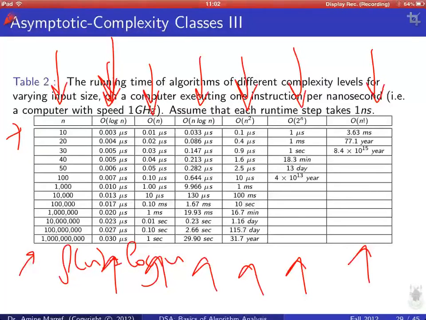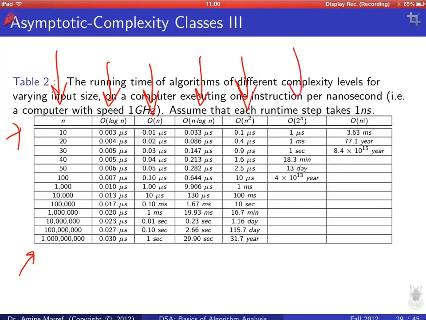It starts at 1 microsecond when n is smallest, and it grows to 1 second. So that makes it grow how many times? 100 million, right?